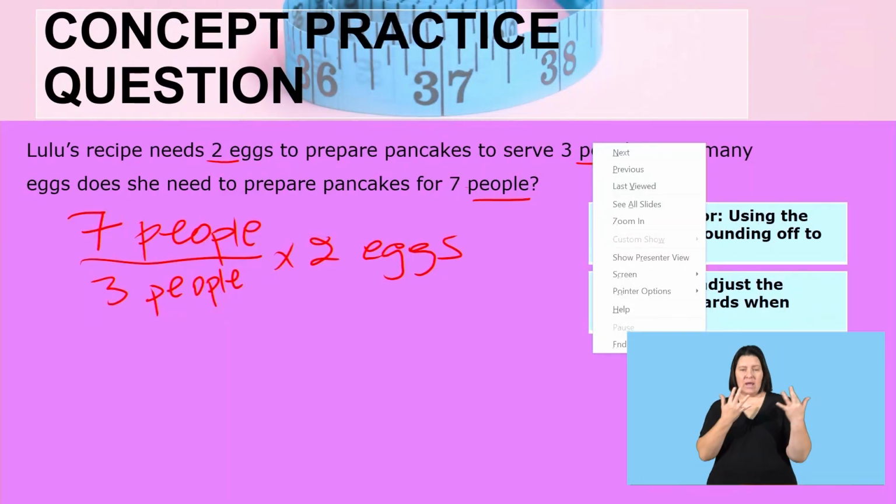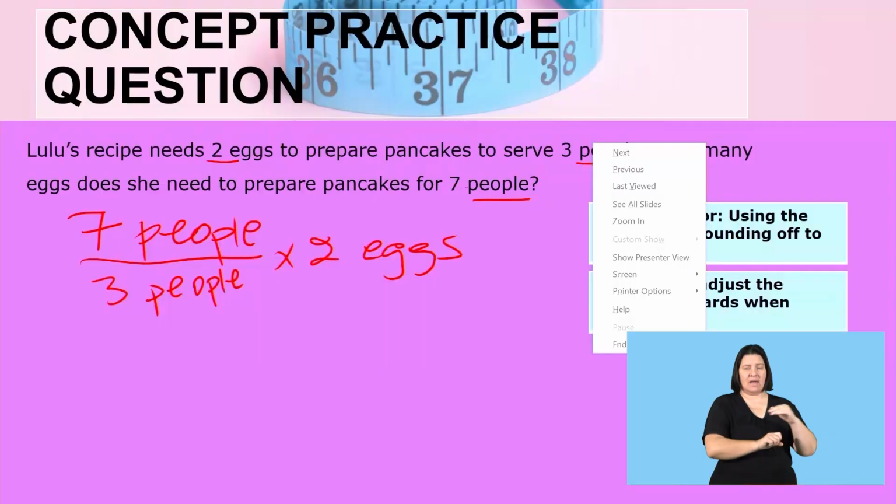So let us do our calculation. Press your calculator with me. It's 7 divided by 3, and then we multiply this by 2, and then we want to know the number of eggs.